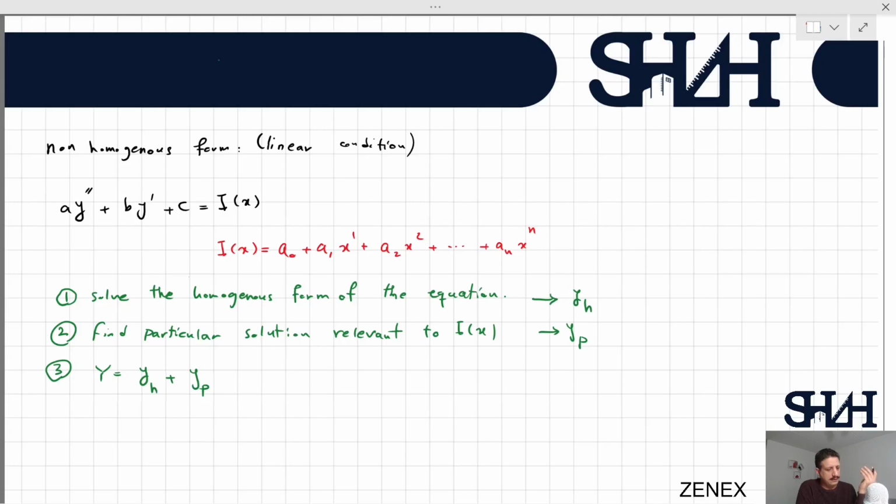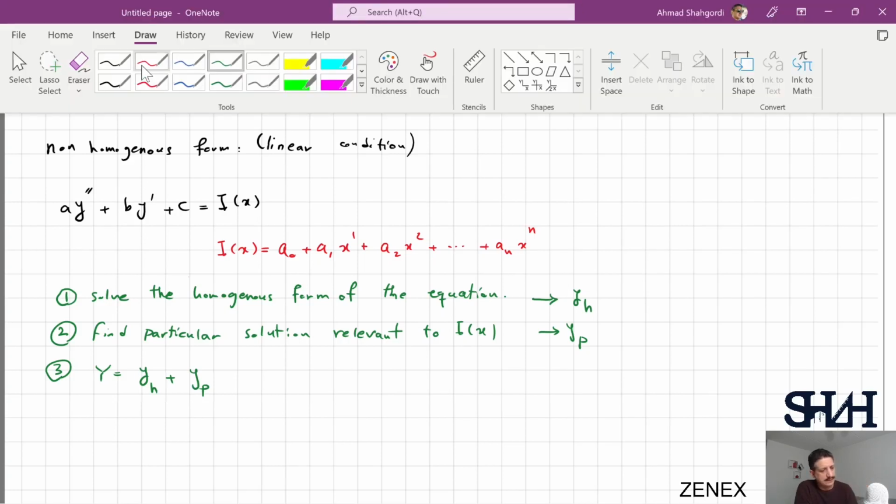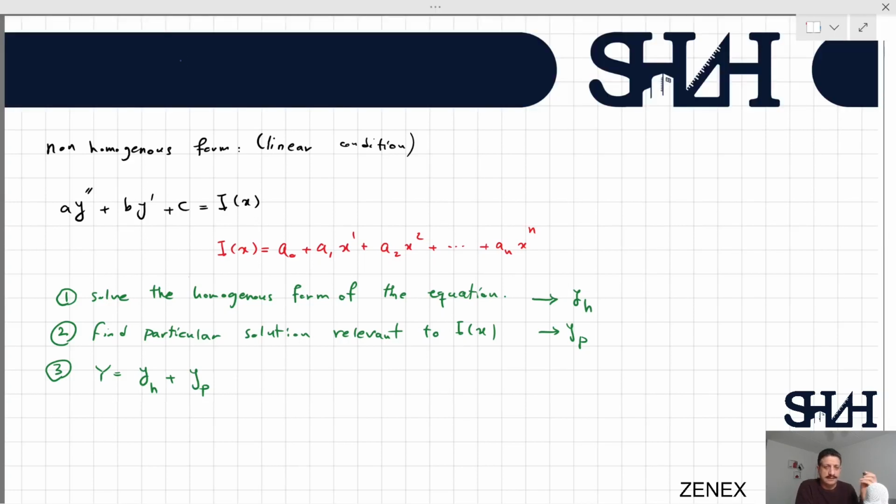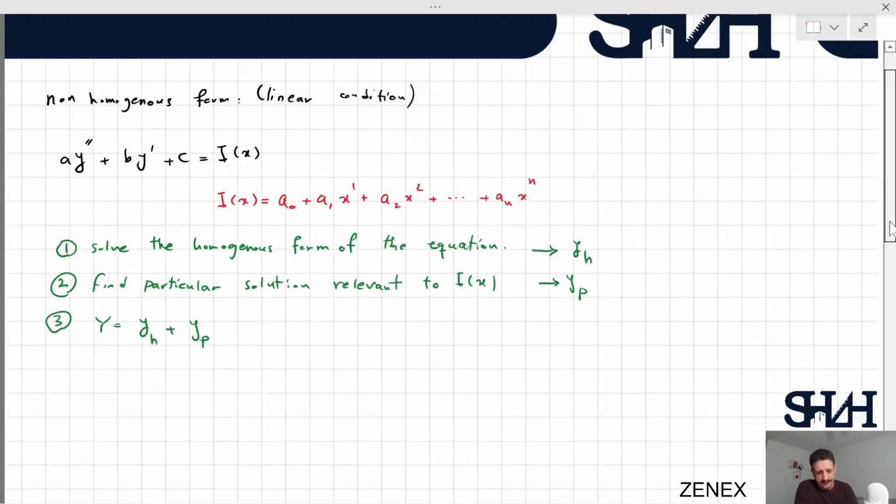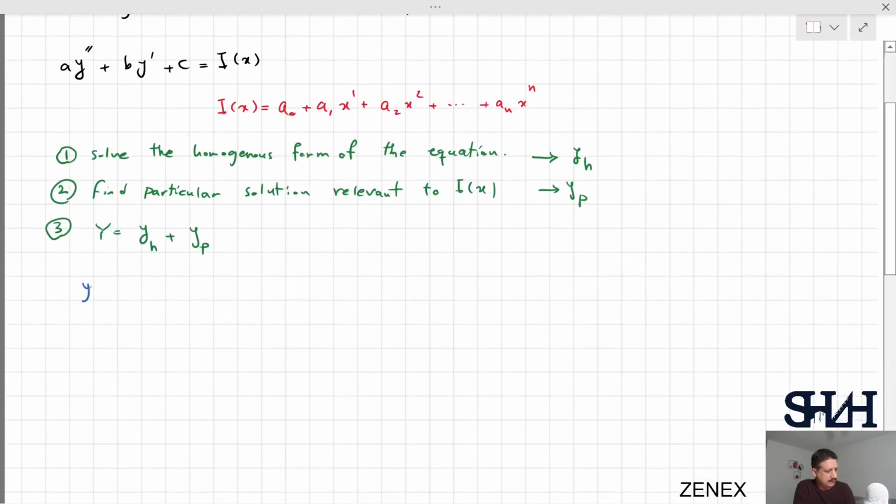The only thing is how to find a particular solution for I(x). For that, if I(x) is a polynomial, then the solution can be given as x to the power of s times a0 plus a1 x plus a2 x² and so on.